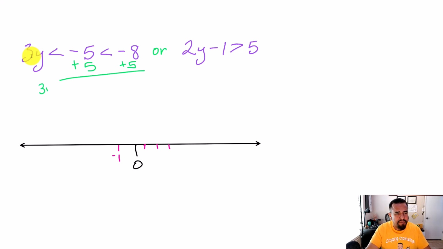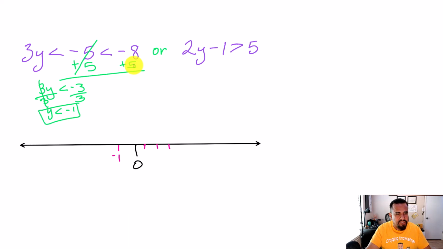It ran out of ink. Just kidding. Okay, 3y is less than, this goes away, so it leaves negative 8 plus 5, which gives me negative 3. Let's divide both sides by 3 so we can isolate the variable, and we have y is less than negative 1.